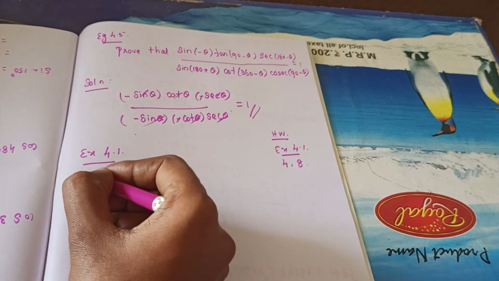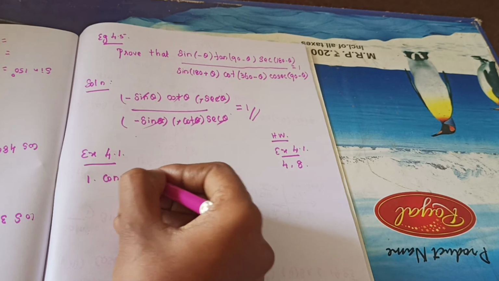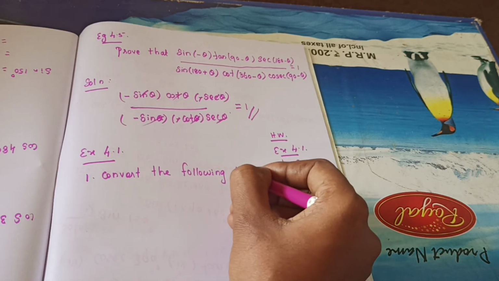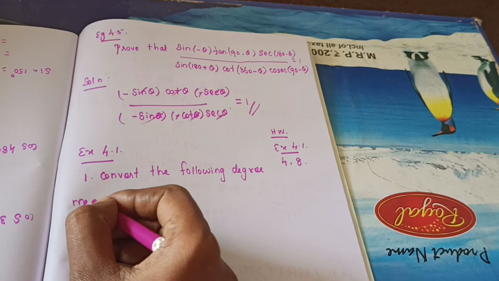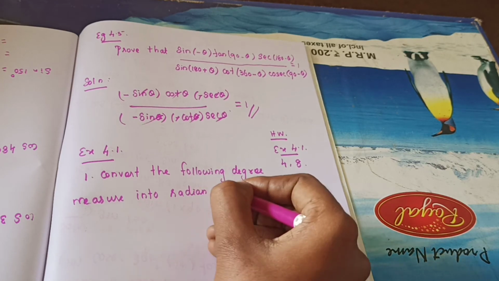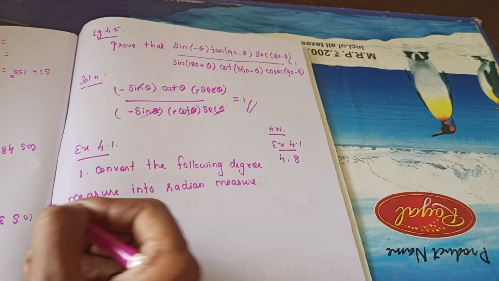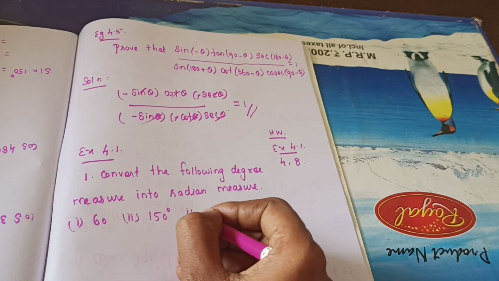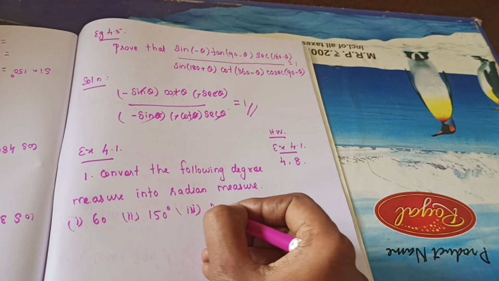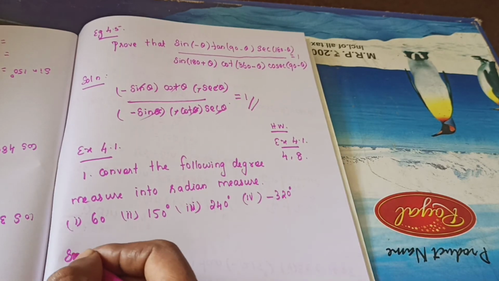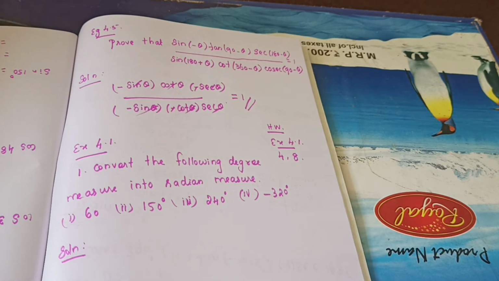Exercise 4.1, first problem. The question is: convert the following degree measure into radian measure.